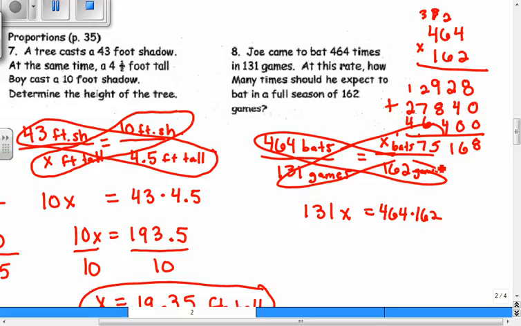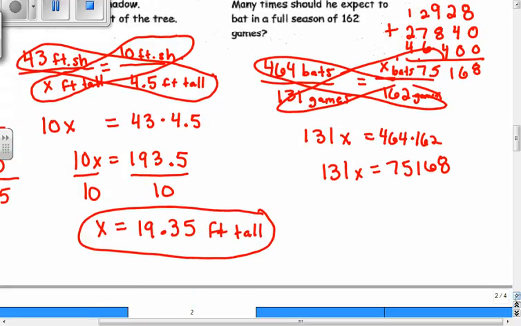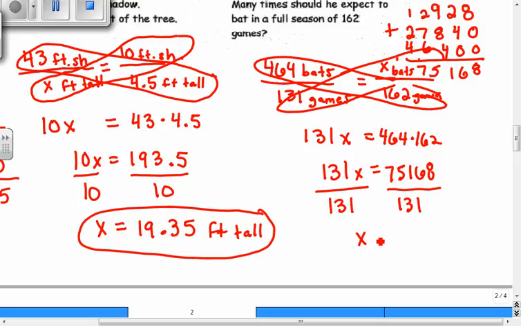So we have 75,168 is equal to 131X. So we're going to divide both sides by 131 to figure out what X is. X is approximately 574.